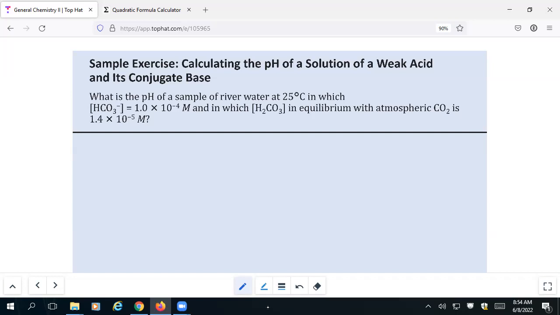What is the pH of a sample of river water at 25 Celsius in which the concentration of the bicarbonate ion is 1 times 10 to the negative 4th molar, and the concentration of the carbonic acid is 1.4 times 10 to the negative 5th molar? So we're missing a value here. The value that we're missing is the Ka for carbonic acid.